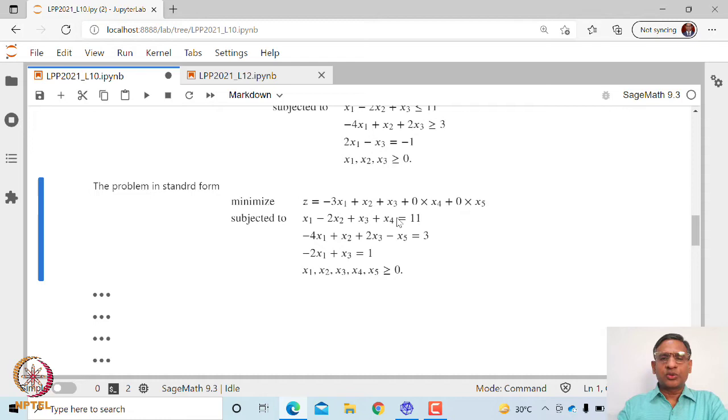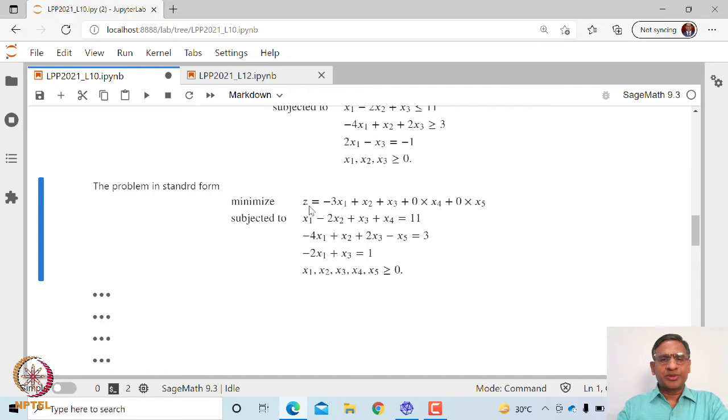So we don't need to introduce an artificial variable with the first constraint. One can introduce it also, but it is not necessary. With the second constraint, we will introduce one artificial variable u1. With the third constraint, we will introduce one artificial variable u2. So we will be introducing two artificial variables, u1 with the second constraint and u2 with the third constraint.